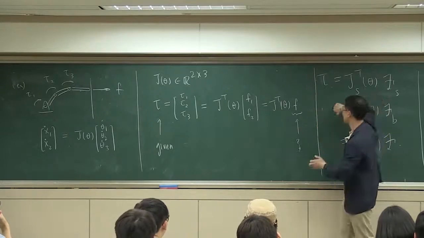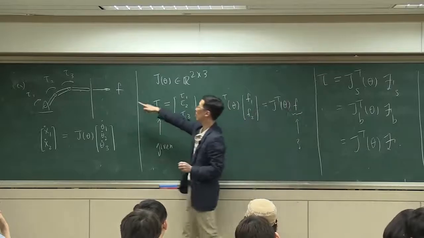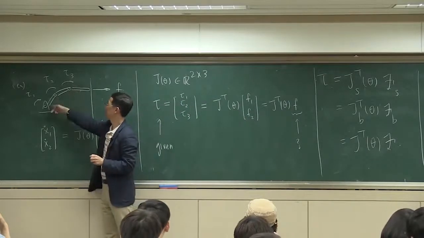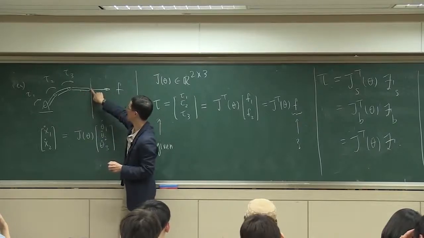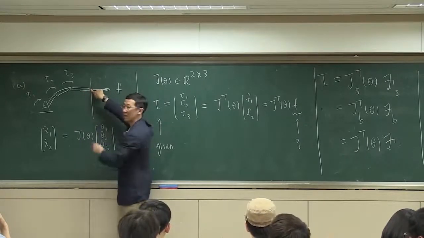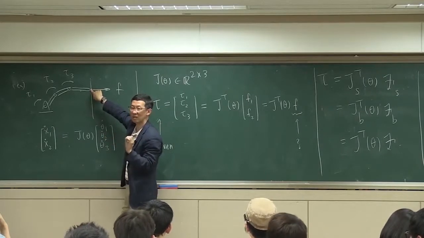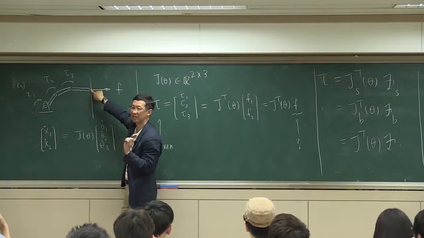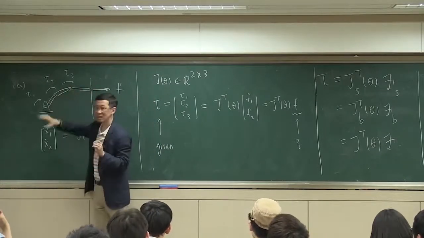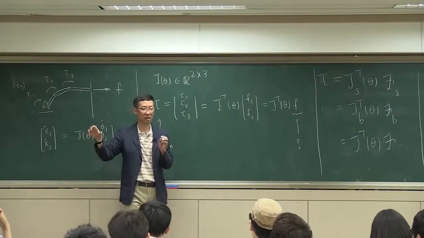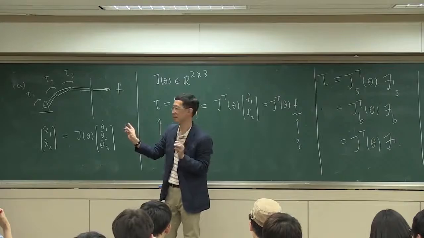Now, if we apply torques in this situation, let's say this tip is pushing against the wall right here, is it in static equilibrium? That's the question you have to ask. When we apply torques like this, are all the links stationary, or can some of the links move?